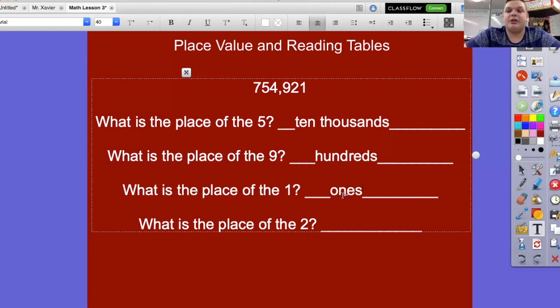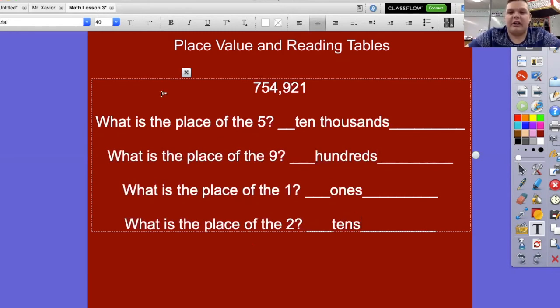What place is the 2? The 2 is in that first regular bracket, so if we go from all the way to the right, 1, 10s, we have it in the tens place. Now I know I didn't write it on here, but in your head, I want to see if you can remember, what is the 7 in? I'm going to give you about 5 seconds, and after that, I will tell you.